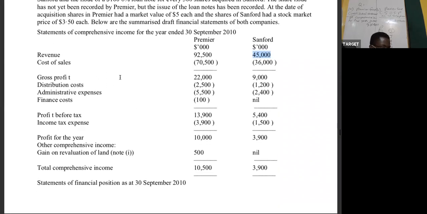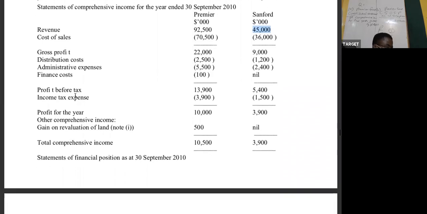Gross profit, everything is in there. Now, the finance cost, check carefully. If it is the interest on the loan notes issued, how do you treat that one?